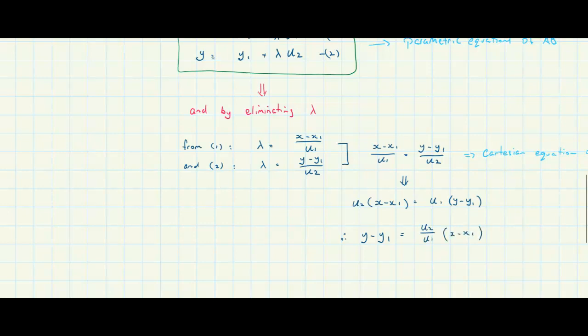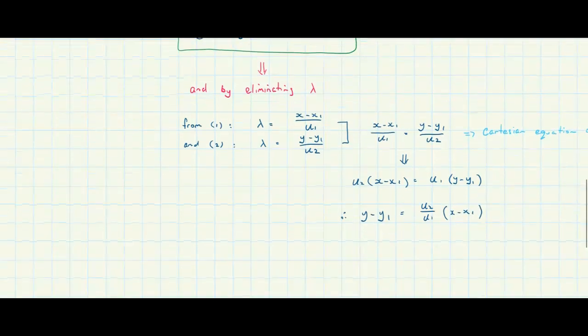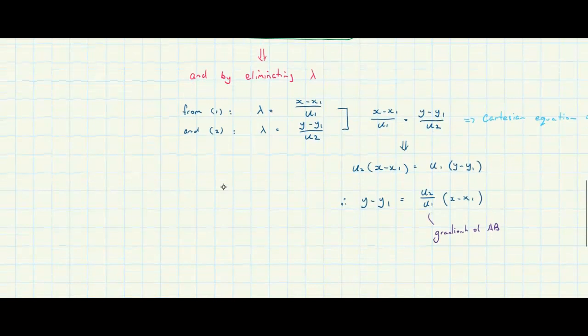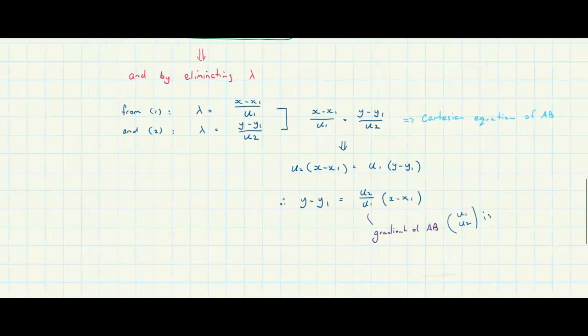I wonder if that looks familiar, where this is our gradient of AB. And u2 over u1, if you think about that in terms of its gradient, rise over run, u1, u2 was our direction vector, remember? So u1, u2 is the direction vector.